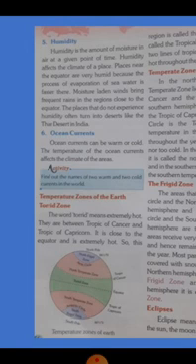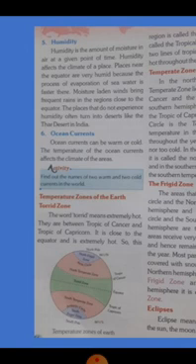Okay, then the sixth point is the ocean currents. Ocean currents can be warm or cold. The temperature of the ocean currents affects the climate of a place. There are warm ocean currents and cold ocean currents. So according to these ocean currents, the climate will be warm or cold.